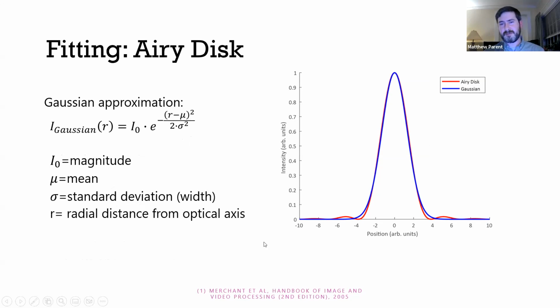And it's close enough that in general, you don't need to use the Airy disk. There are a couple of situations perhaps where you might want to use an Airy disk, but it's really not used that much. And the Gaussian is a much simpler function to fit to, and we can find the parameters of the Gaussian pretty quickly and pretty easily.